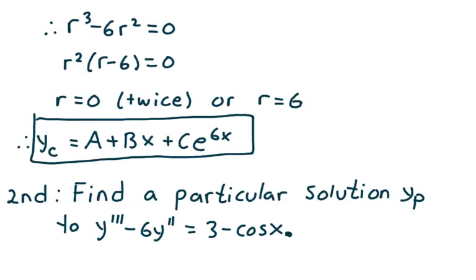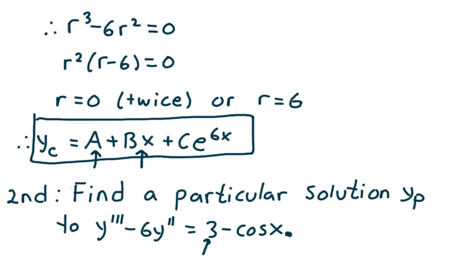If we go back, notice that's a 3. Why didn't I just put a? The reason is because a is part of the complementary solution. And then you might ask, well, why didn't I put ax? Because ax is part of the complementary solution.